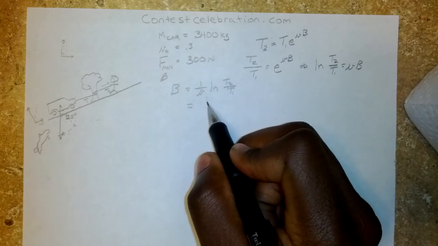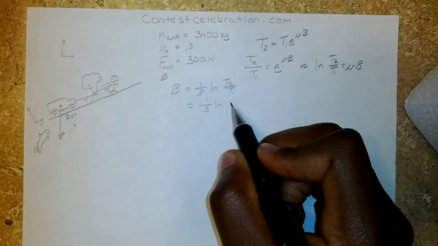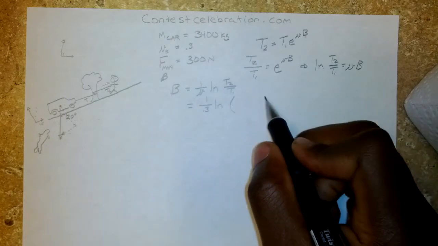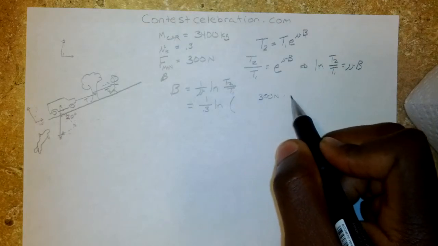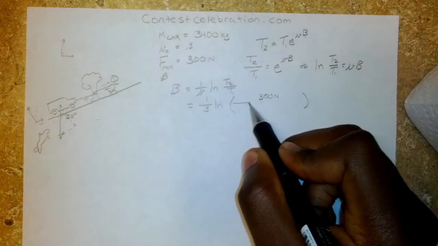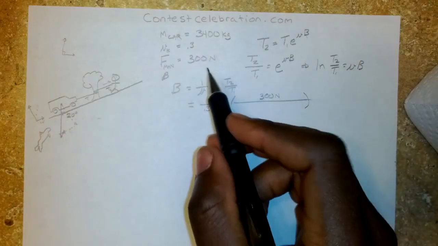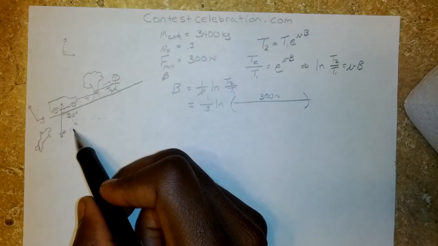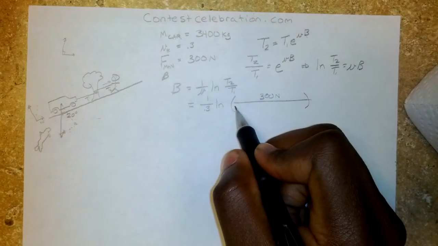So let's plug in. We have 1 over 0.3 times the natural log of the second tension, which we already have. It's 300 newtons. And that's going to be all over this force. So this force is going to be the force of gravity with the x component. So it will be opposite of our frame of reference, so we'll put a negative here.